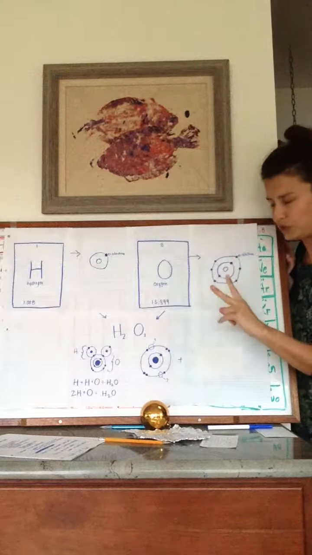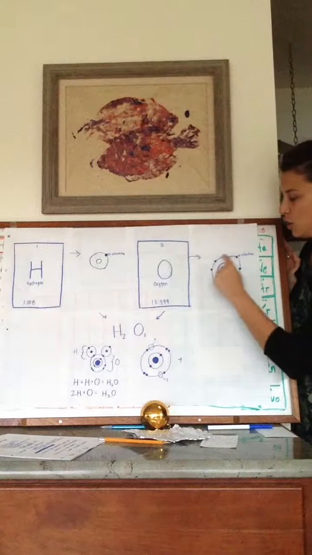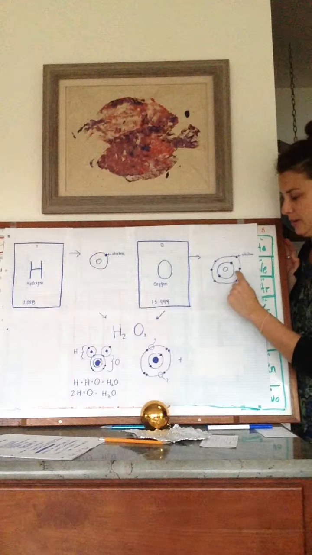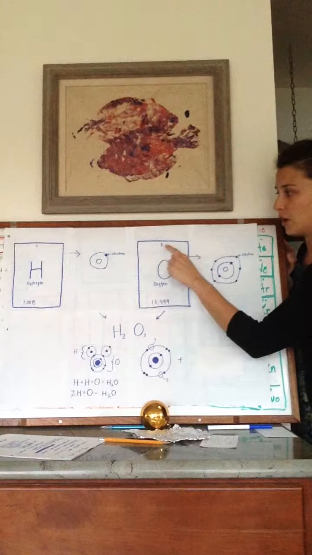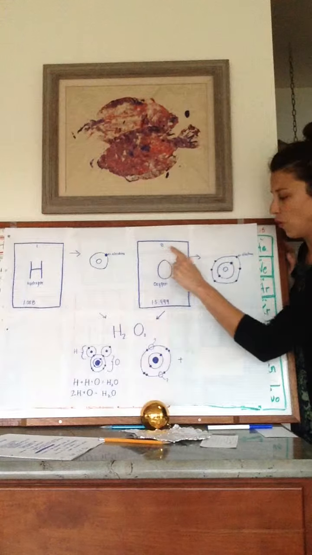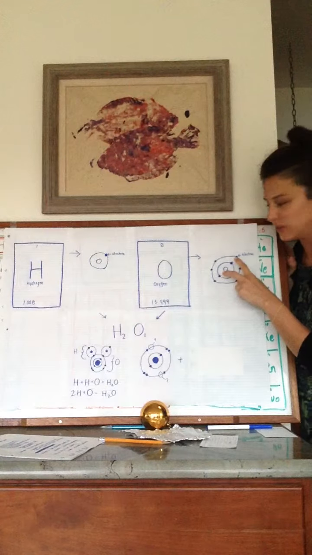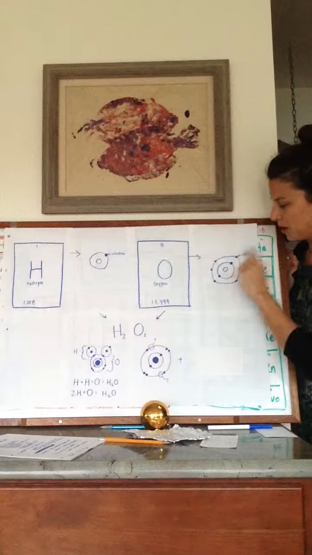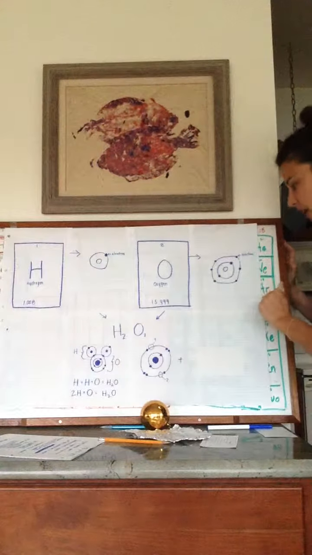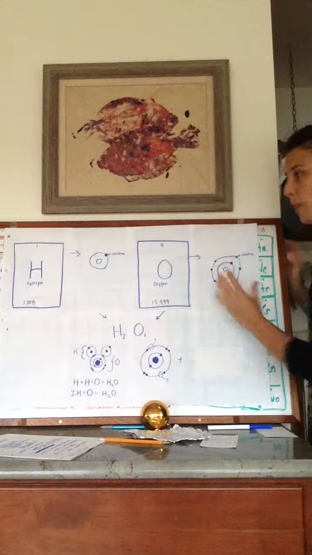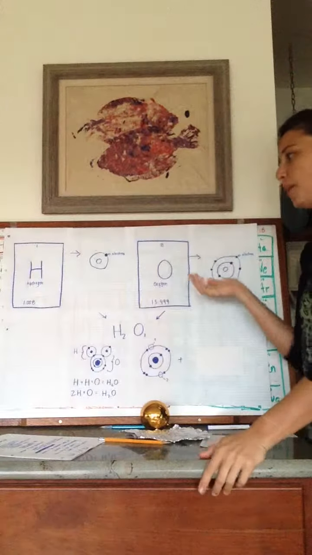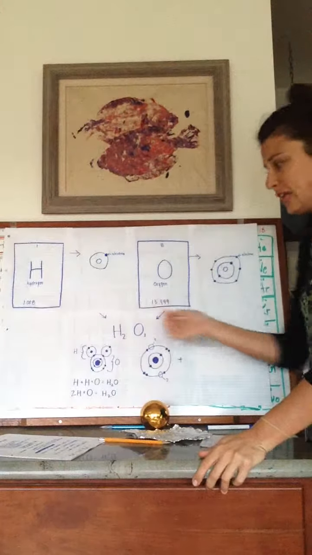That's the rule, only 2 on the first. Second, you can have up to 8. Here, since oxygen only has 8 total, and you have to have 2 on the inside, you have 6 on the outside. All right, so this is why oxygen bonds with hydrogen very easily.